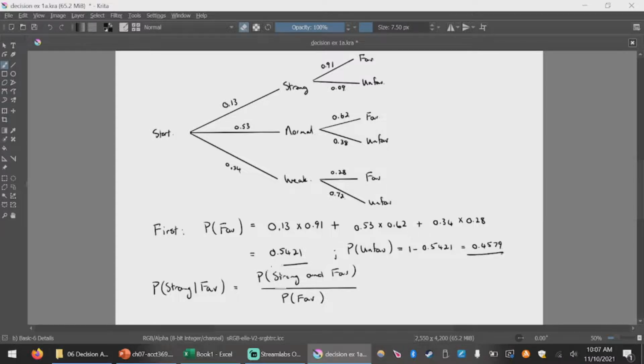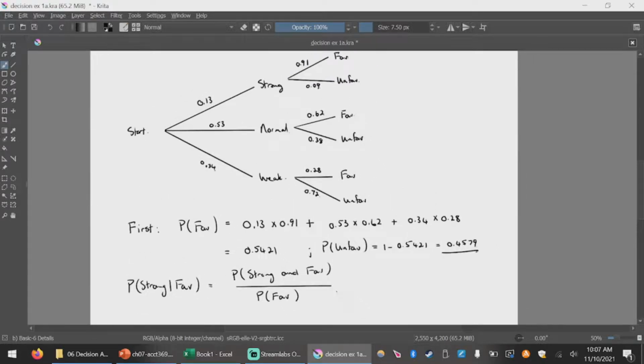It looks a little weird. I don't need that line. Okay. So any conditional probability I can rewrite as a fraction of two conventional probabilities. And the beauty of this is we already have some of this. We have the bottom one. The probability of the market survey being favorable is 0.542. I already have it.